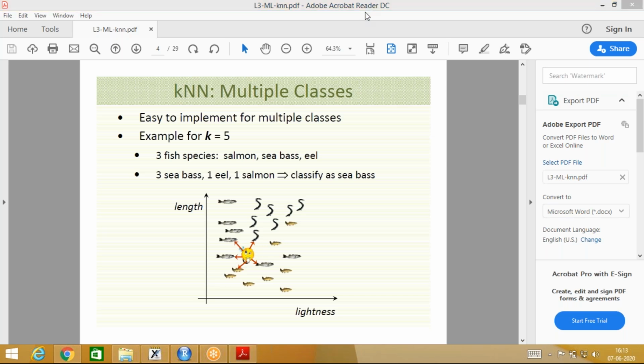If I consider 3 nearest neighbors, then these 3 might be the guys, and probably the answer will be sea bass. If I consider 5, these 5 are the guys, and I also consider sea bass.